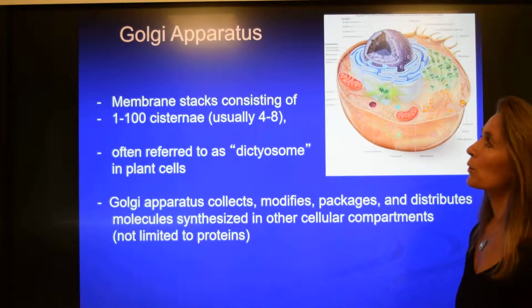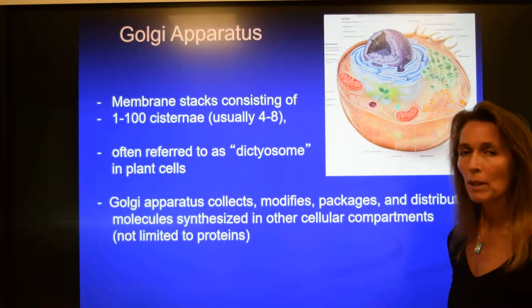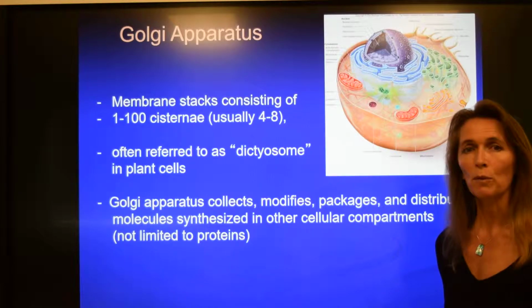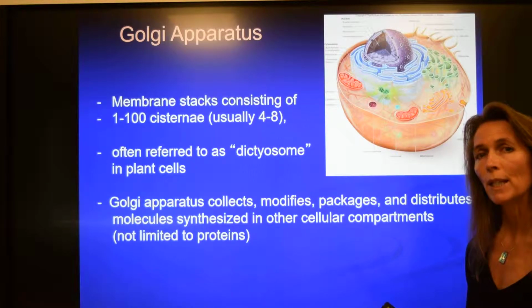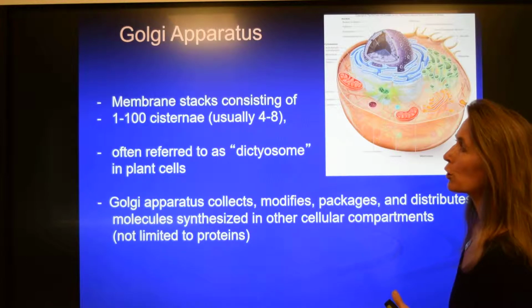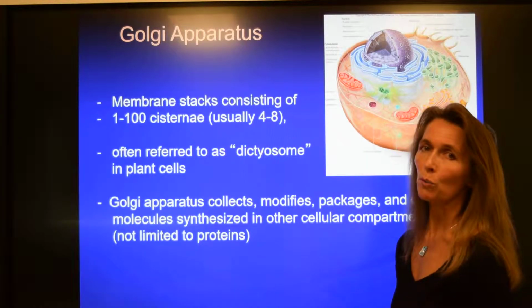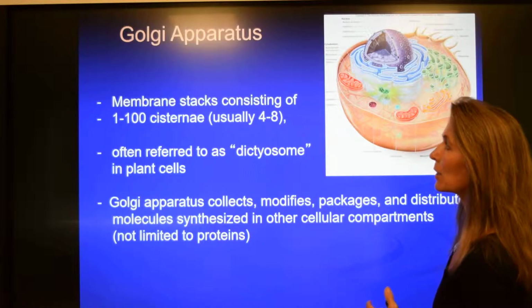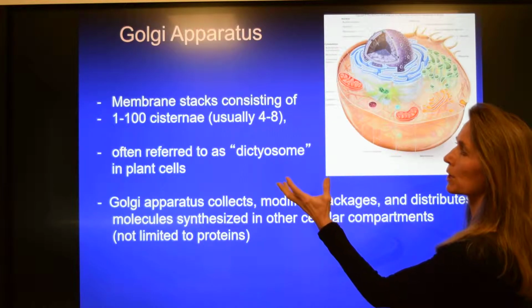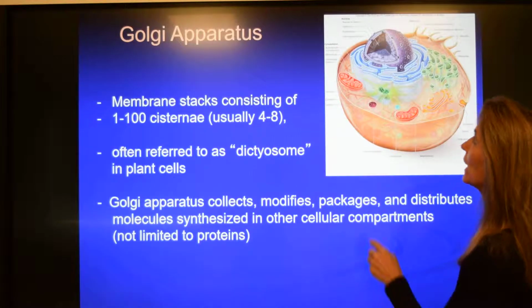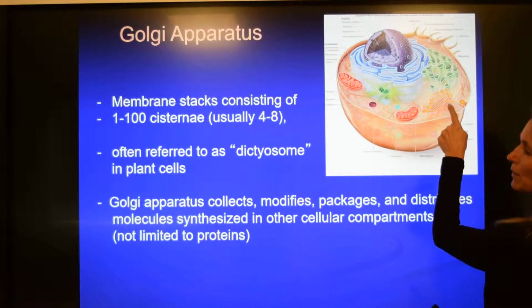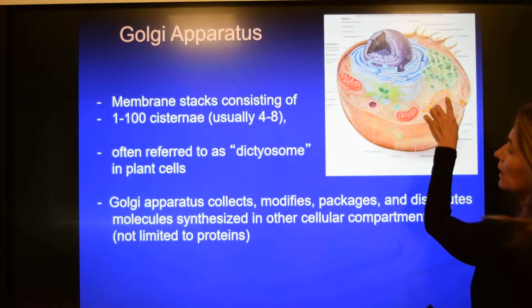If we now move on to the Golgi apparatus, similar to the rough and smooth endoplasmic reticulum, it is also a membranous stack, and it usually consists of 1 to 100 cisternae. It depends on which cell we are looking at. On average, most cells have between 4 and 8 of those membranous stacks that I will show you in the next slide.